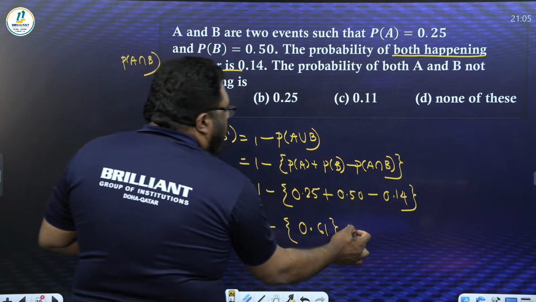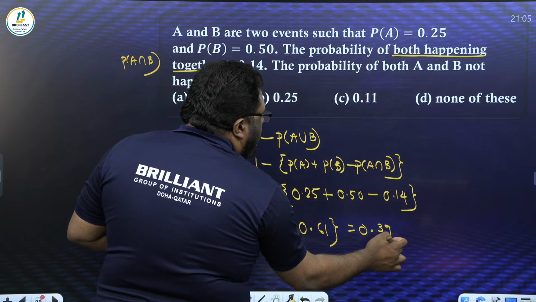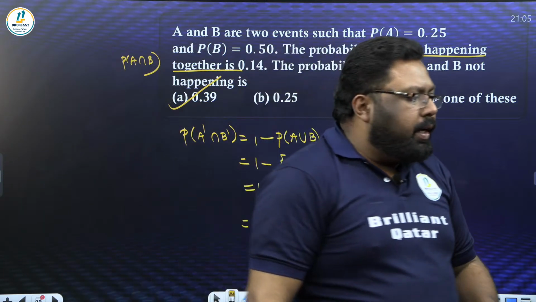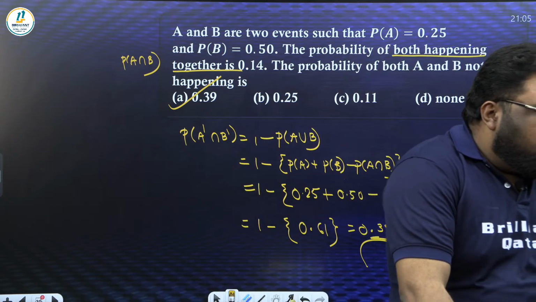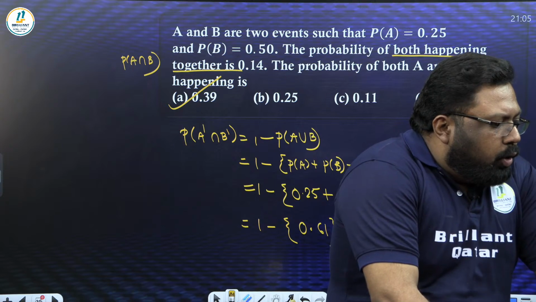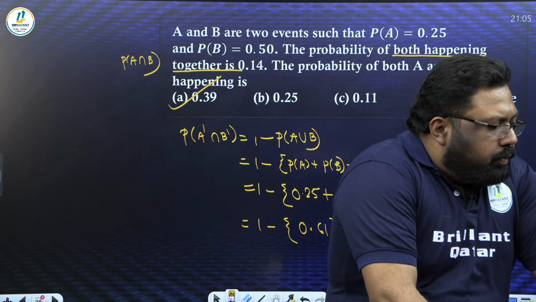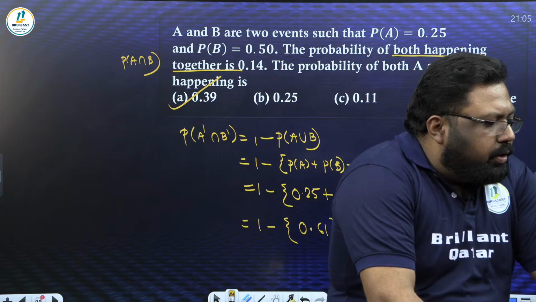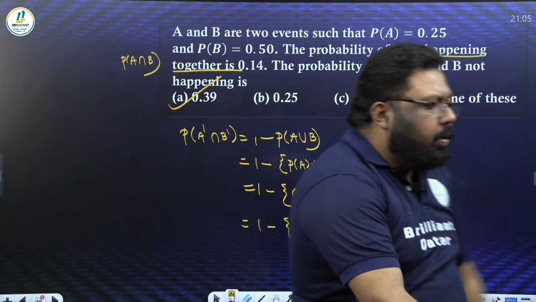So 1 minus 0.61, 0.39. Option A, 0.39. Right answer coming from Ruben, A3L and Abu. Good answer. Jonathan, Suyesh, yes, good.